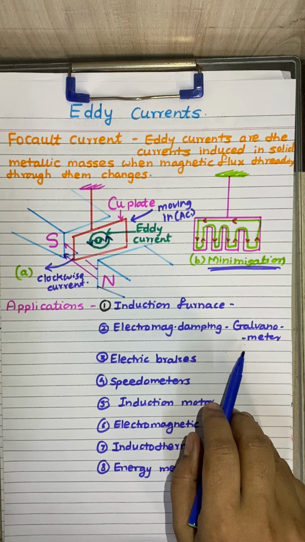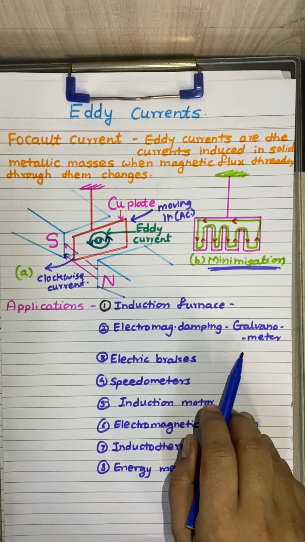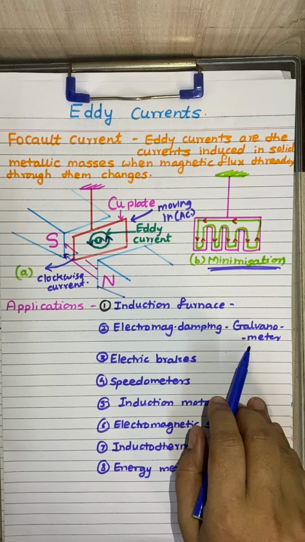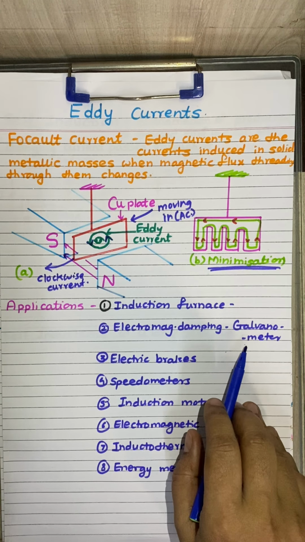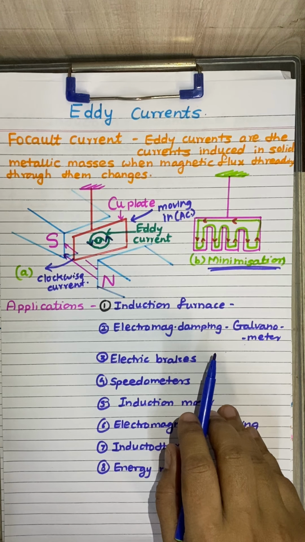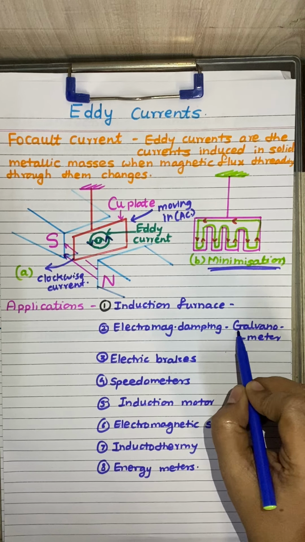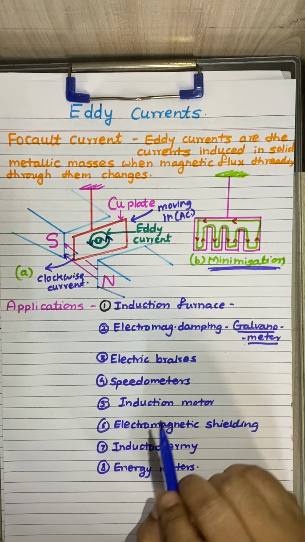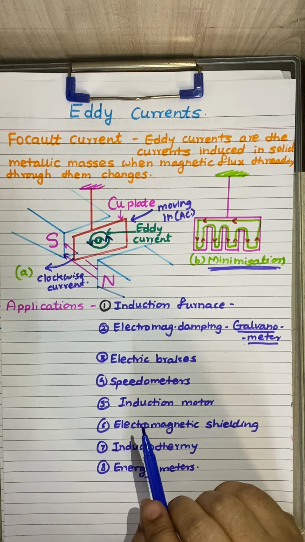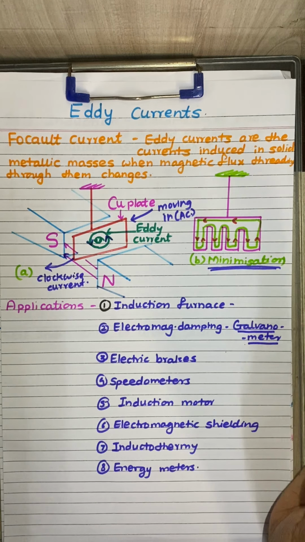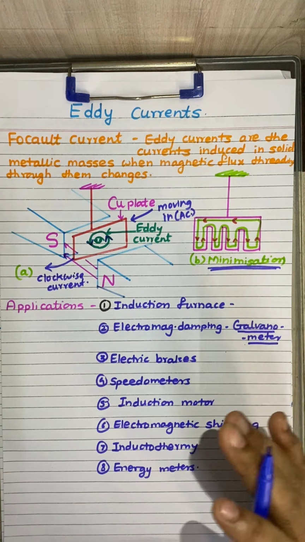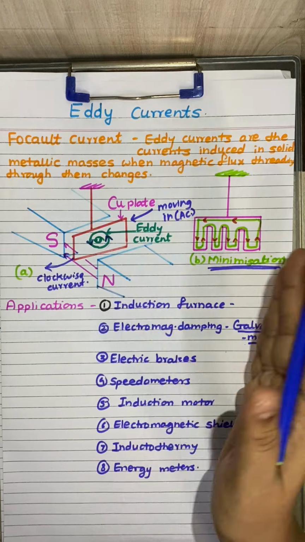So the galvanometer is considered as a deadbeat galvanometer. That means the coil does not oscillate. It deflects and stays in the final position immediately. This observation we have done. As soon as we take the reading in the galvanometer, the pointer does not fluctuate more.